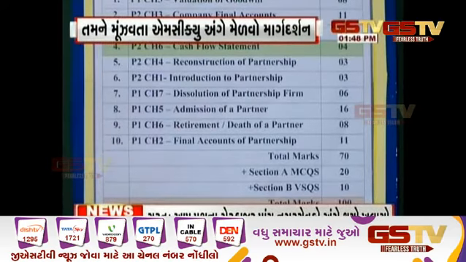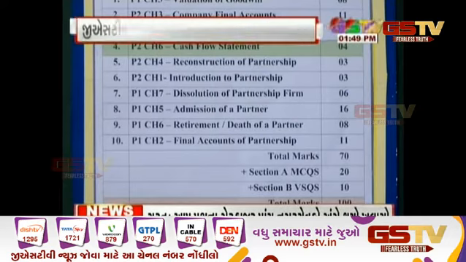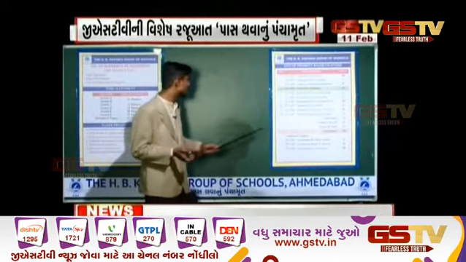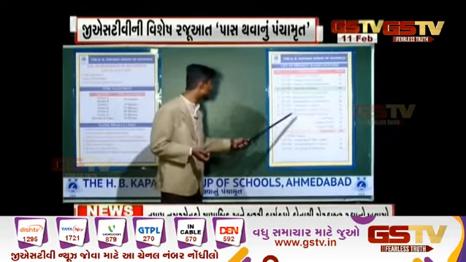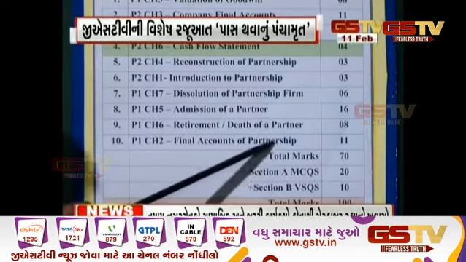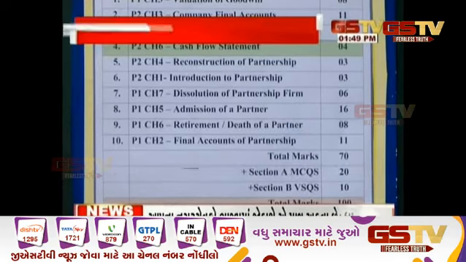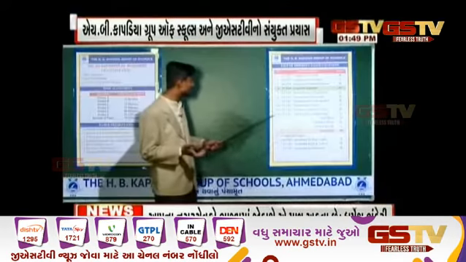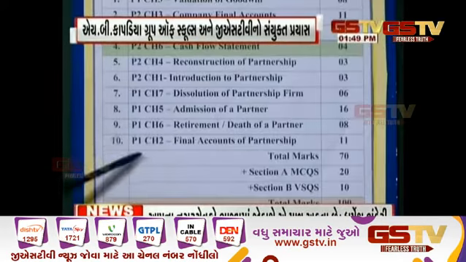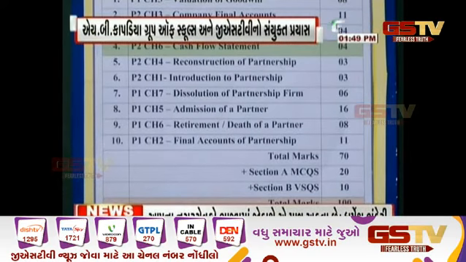After that, you have to do the most important chapter of accounts and the most difficult chapter of accounts, that is part 1 chapter 2, final accounts of partnership. Though its weightage is 11 marks, still I have put this chapter on the last priority. Why last priority?